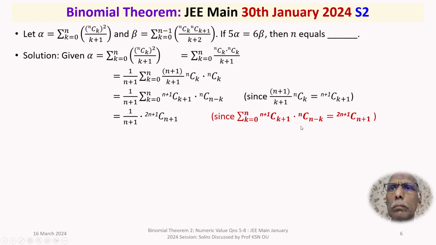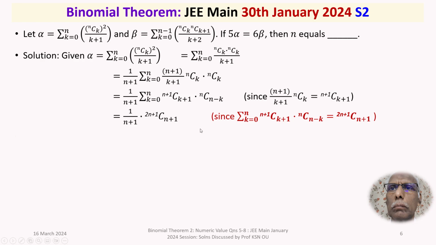This is the result. And I was told not many people know this result. But anyway, I will show its proof after the discussion of this question. Great. So we stop there.